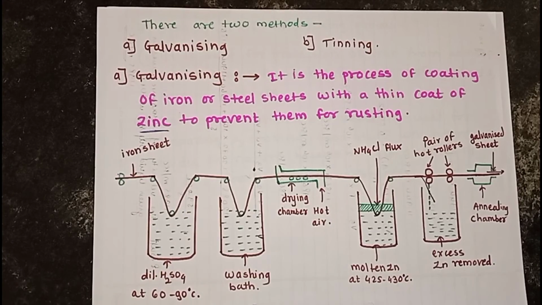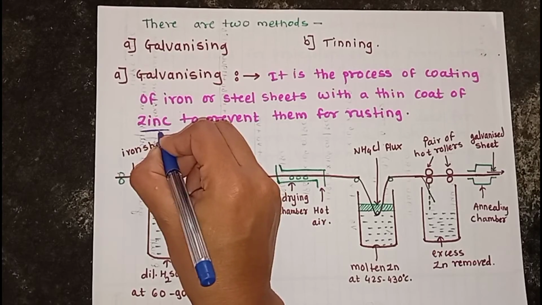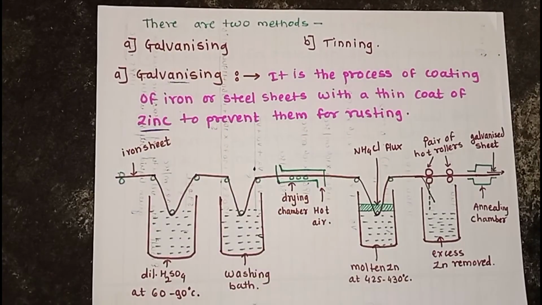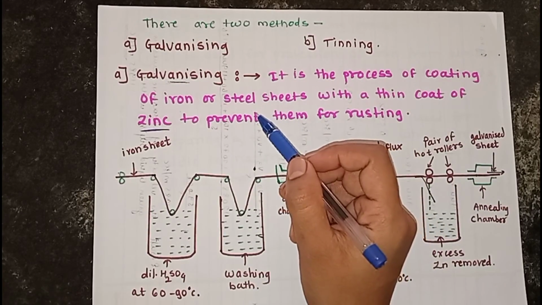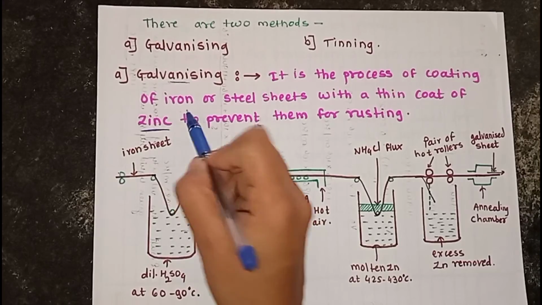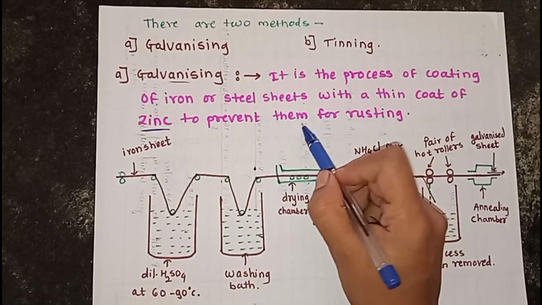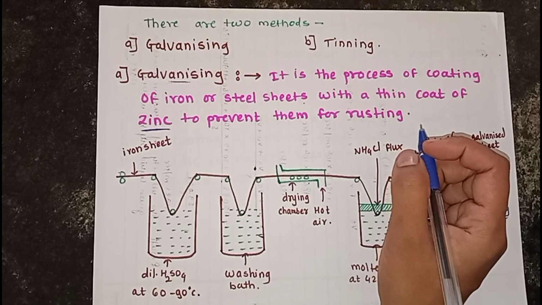When we coat any metal with zinc, the process is called galvanizing. The definition of galvanizing is the process of coating iron or steel sheets with a thin coat of zinc to prevent them from rusting, that means they get protected from corrosion.